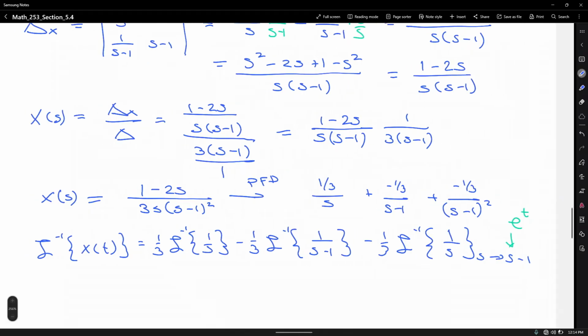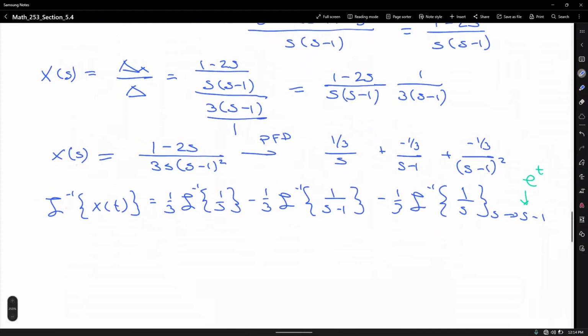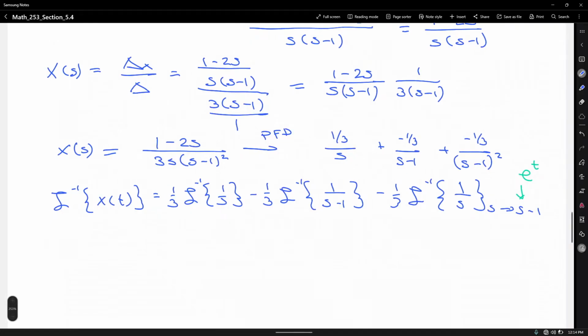All right, well, so finding the inverse of x of s, it's now x of t, of course. That'll be 1/3 times the inverse transform of 1 over s, which is just 1, minus 1/3 the inverse transform of 1 over s minus 1, which is e to the t, and minus 1/3 the inverse transform of 1 over s.